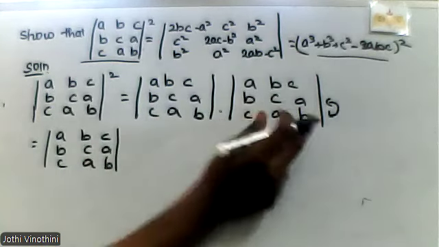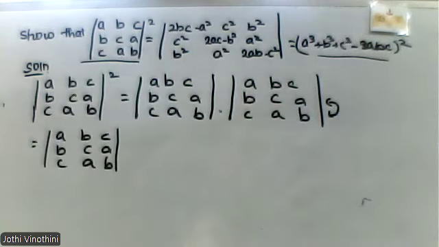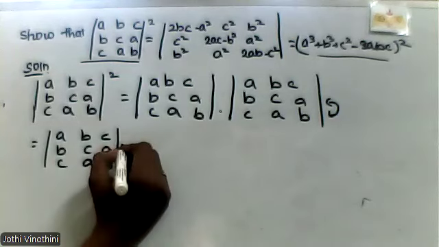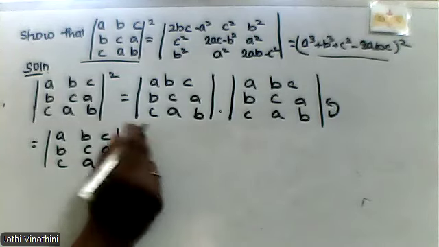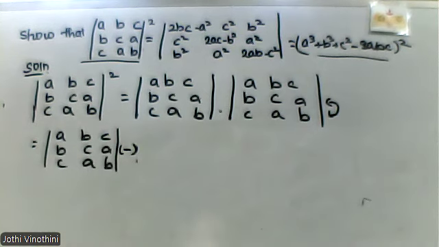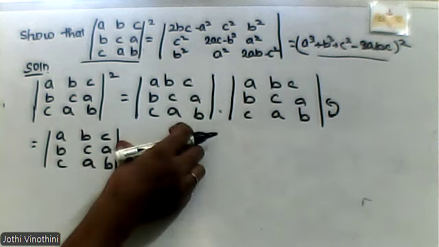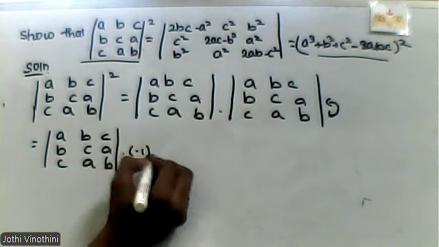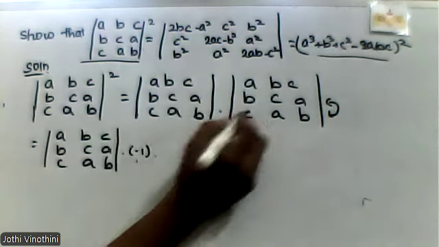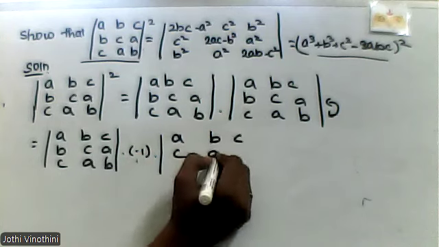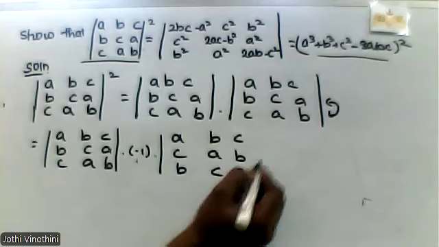In determinant 2, we are replacing R2 by R3 and R3 by R2, just interchanging the rows. While interchanging, we have to add a minus 1 symbol in the matrix, since it is also in multiplication. This matrix is multiplied by this minus 1. So after interchanging these rows, it becomes A, B, C; C, A, B; and B, C, A.